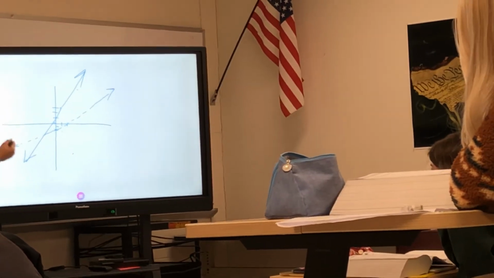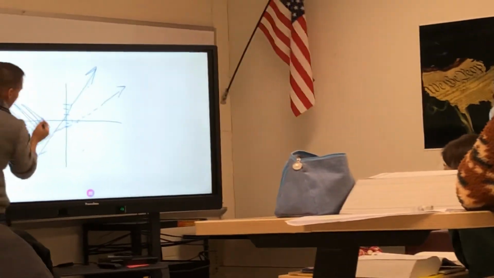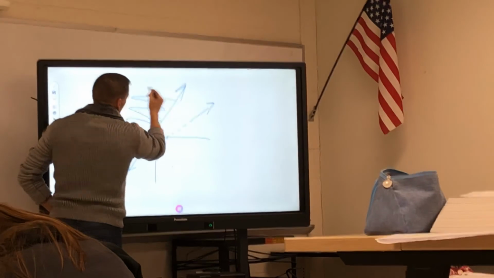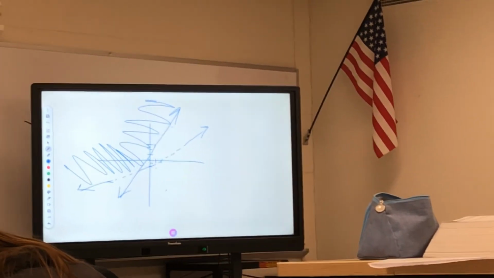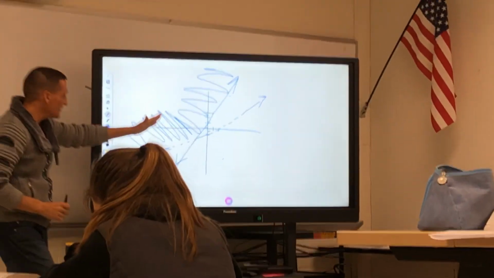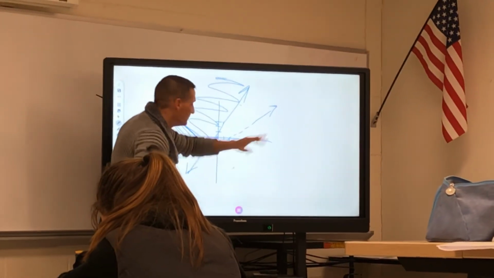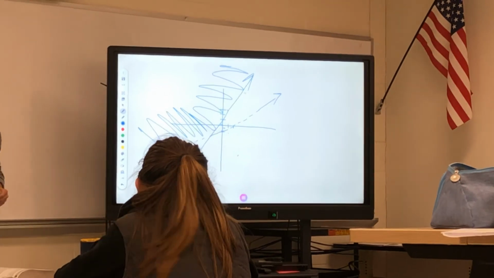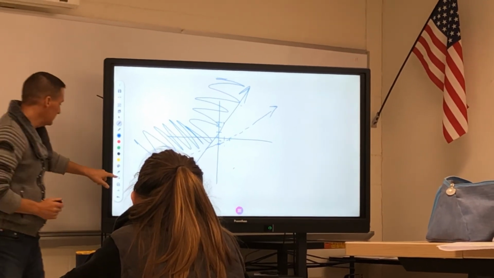Here's what the system allows for. Follow the line, boom, follow the line, follow the line. Make sense? So if you just sketch the first line, you go, oh, well, it's up in quadrant 4. Next.